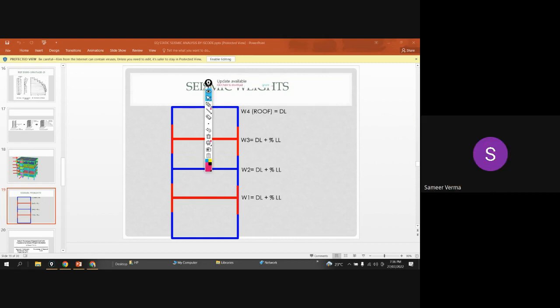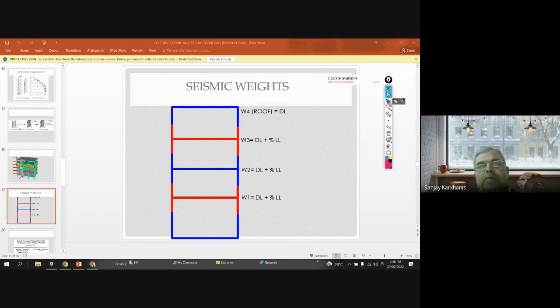Yes, sir. Now we were looking into finding out VB, and that was equal to AH into W. So now we have seen how AH can be calculated with the help of Z by 2, I by R, SA by Z. In that, SA by Z is not yet understood by us.